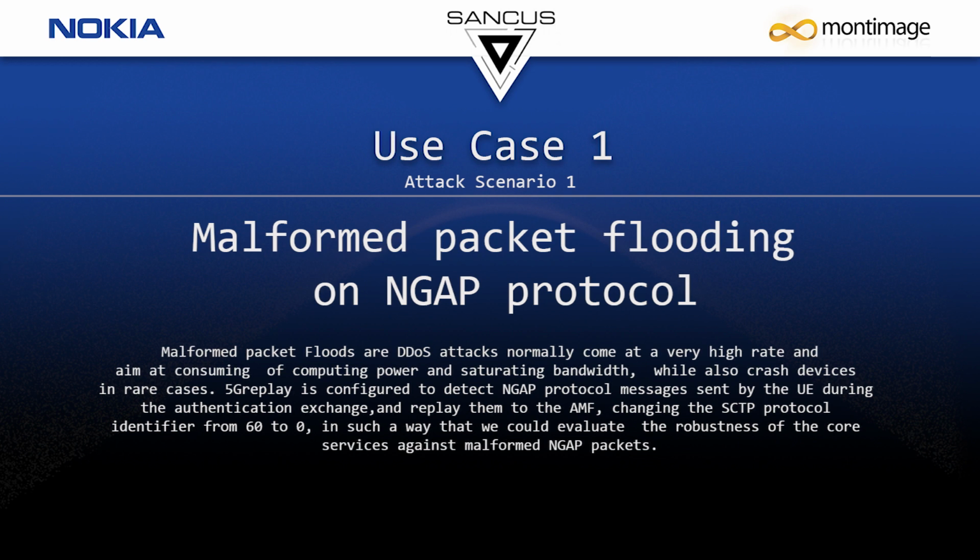Malformed packet floods are DDoS attacks, normally come at a very high rate and aim at consuming computing power and saturating bandwidth, while also crashing devices in rare cases. 5G replay is configured to detect NGAP protocol messages sent by the UE during the authentication exchange and replay them to the AMF, changing the NGAP protocol identifier from 60 to 0 in such a way that we could evaluate the robustness of the core services against malformed NGAP packets.